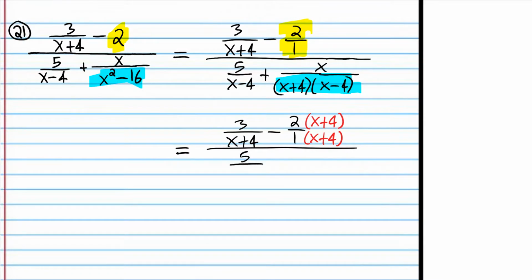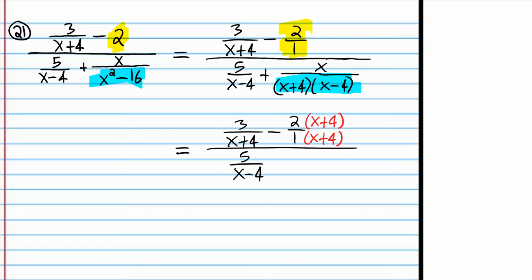So we have to get a common denominator. And we have to use the same logic in the denominator here. Here we have an x plus 4 and an x minus 4, but in this denominator we don't have an x plus 4. If we're going to combine those, we need to get a common denominator.